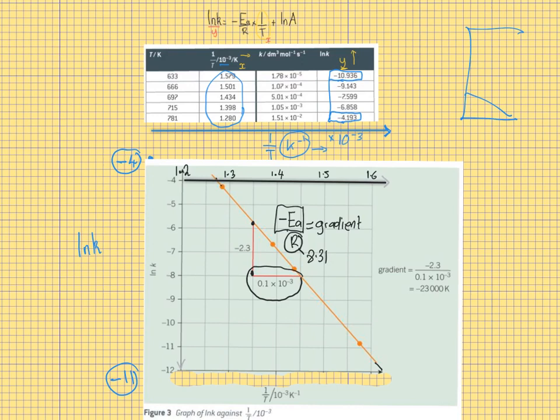So here we can see that the gradient is ln k, which is the y-axis, divided by the 1/temperature, and the units, incredibly, come out to Kelvin. That is the gradient, because if this has no units and that's 1/k, then the units of the gradient are in Kelvin. So how can we now use that to find our value of the activation energy?